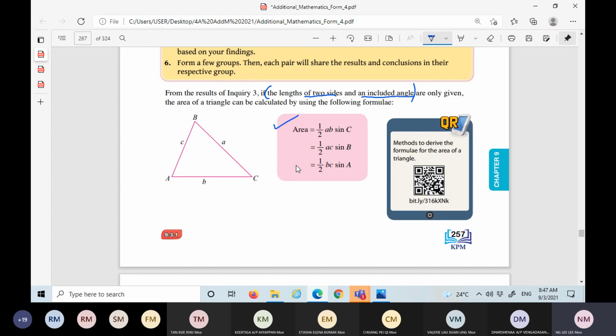We don't care about the base or the height already. For any triangle, we don't care what type of triangle, whether it is a right angle triangle or not. As long as you have two sides and an included angle, then you use this formula to get the area. Much easier actually. But we need to prove it.